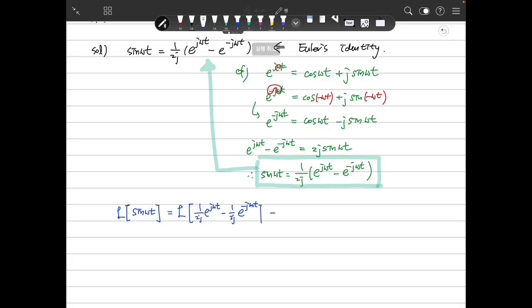So that will be the same as 1 over 2j Laplace of exponential j omega t minus exponential minus j omega t.